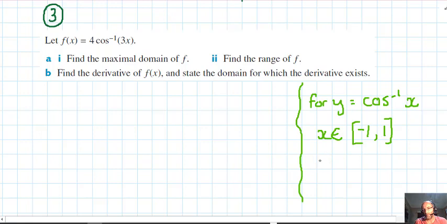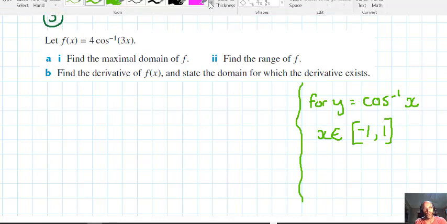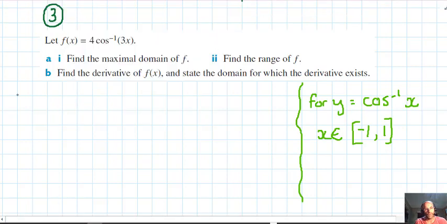And what we have here in part A, we have 3x is an element of the set negative 1 to 1 inclusive.